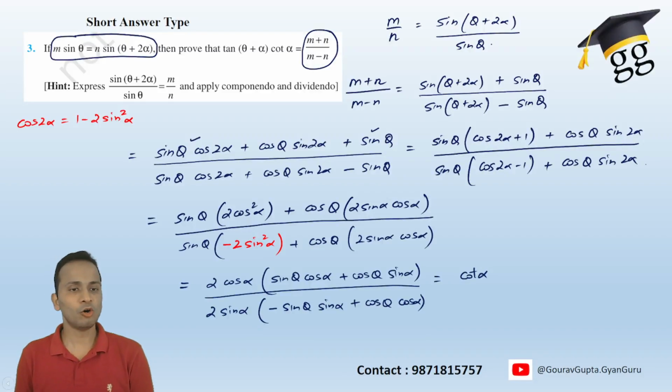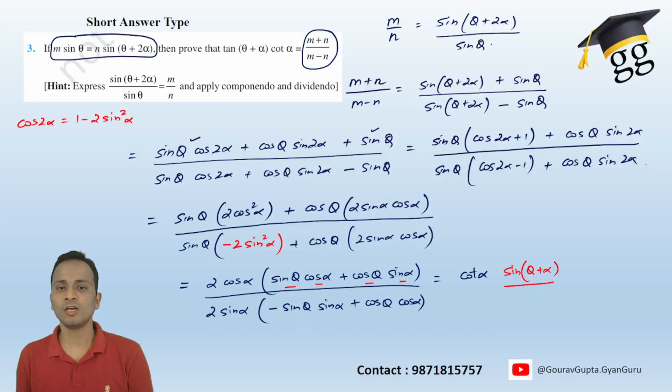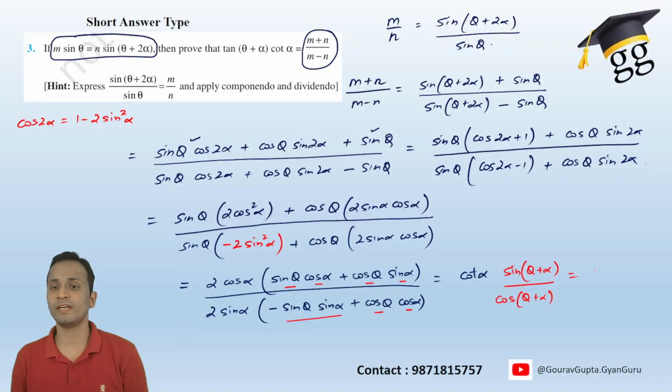Now in the numerator inside the bracket, sine theta cos alpha plus cos theta sine alpha will be the formula of sine theta plus alpha. In the denominator, cos theta cos alpha minus sine theta sine alpha will be the formula of cos theta plus alpha. Now you can write the simplified form.